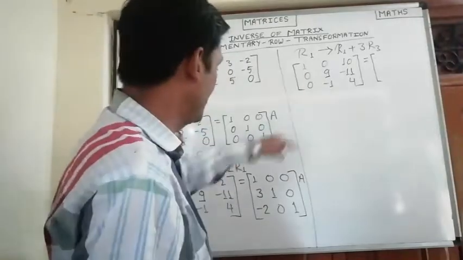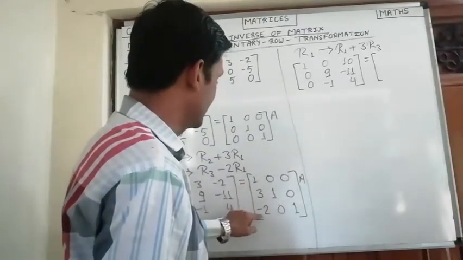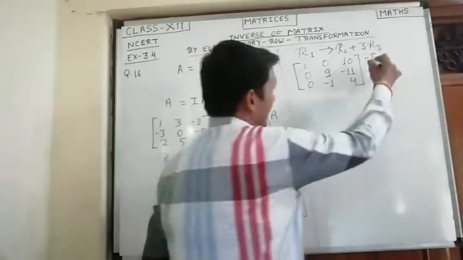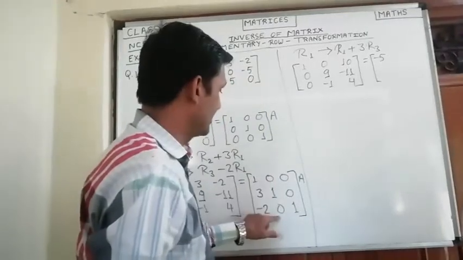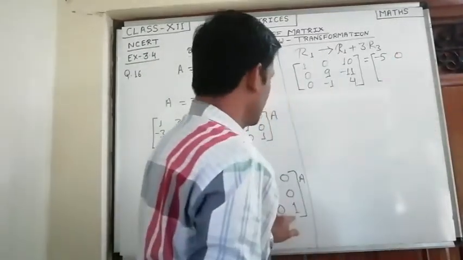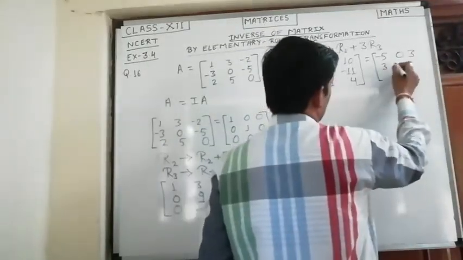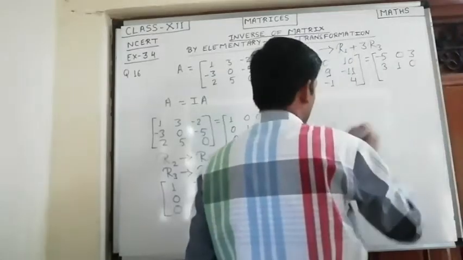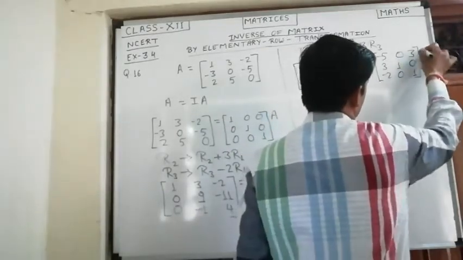So in R1, R1 plus 3R3, 1 minus 3 to the 6 minus 5 will be the result. Now 0 plus 3 into 0, that is 0. Now 0 plus 3 into 1, that is 3. And here it is 3 1 0 only. Here it is minus 2 0 1. Now A will be written as it is.